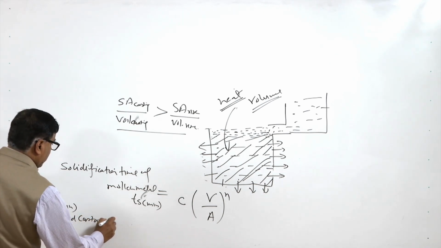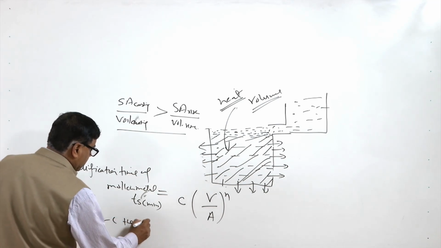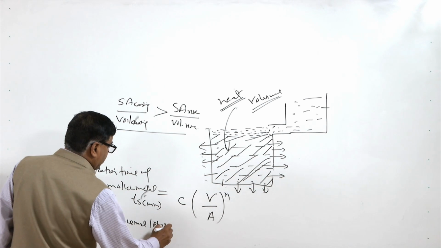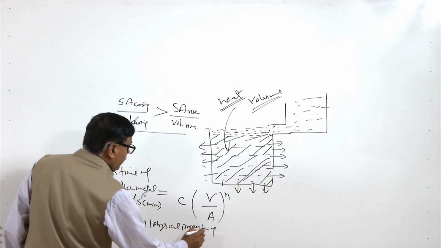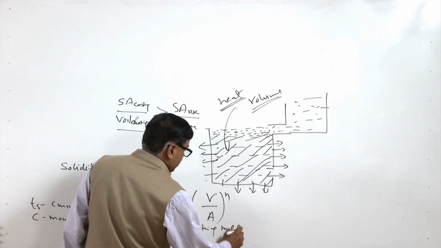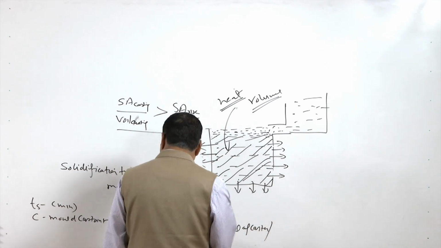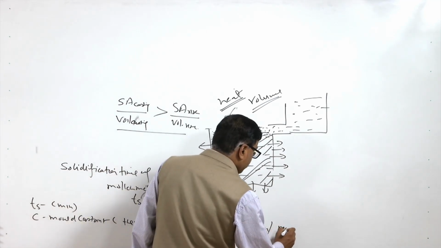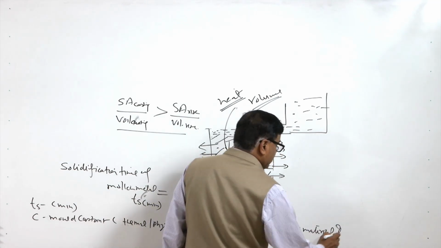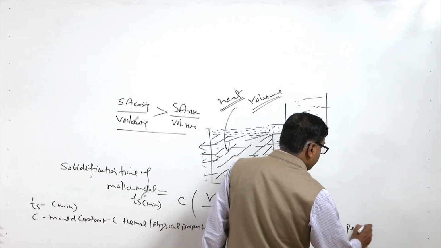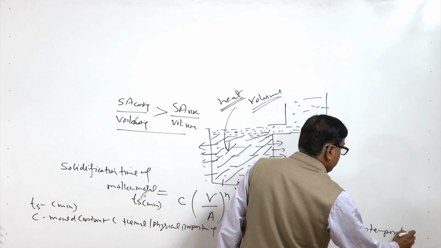constant, which depends on the thermal and physical properties of the metal of the casting as well as the thermal and physical properties of the mold material, as well as the pouring temperature, at which the molten metal is poured into the mold.